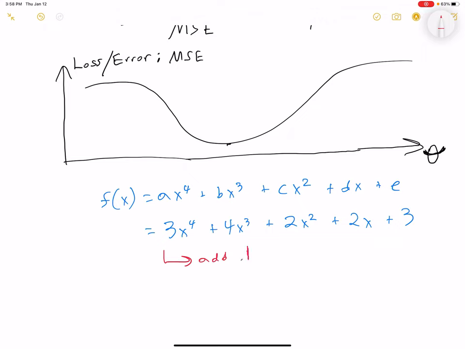So add lambda times 14 squared to the loss function.